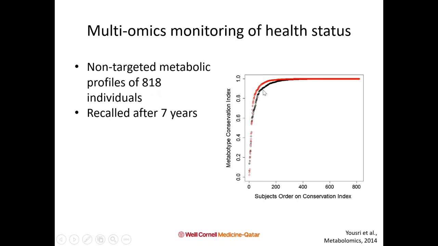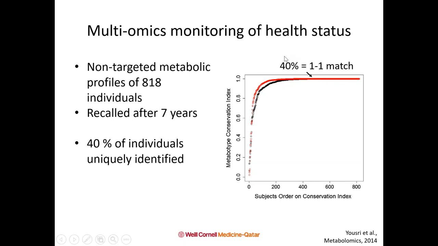And what you see here is basically what we call the metabolite conservation index, which is basically the correlation between the metabolic profile of a person and all others 7 years ago. And it's the rank of that person's own metabolite profile 7 years ago in the list.